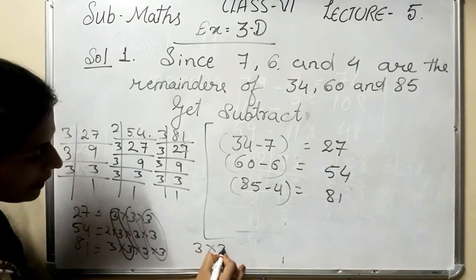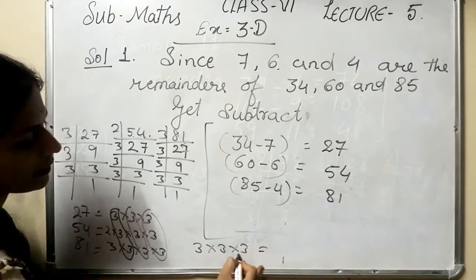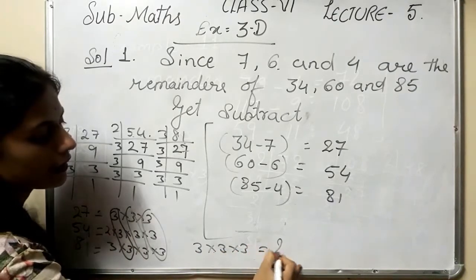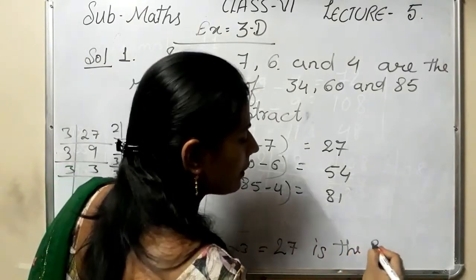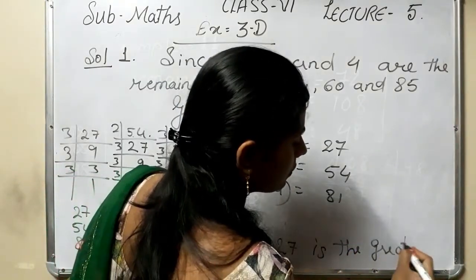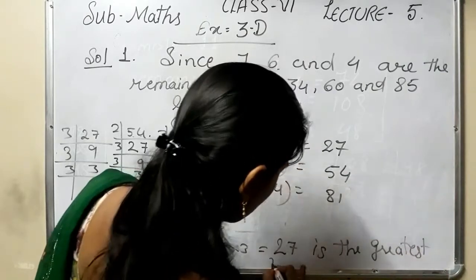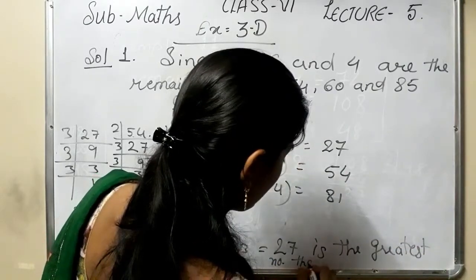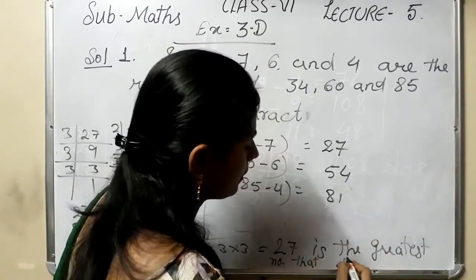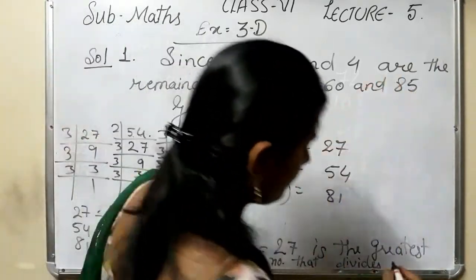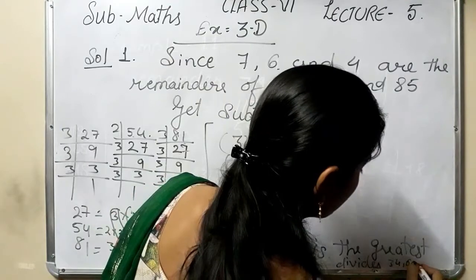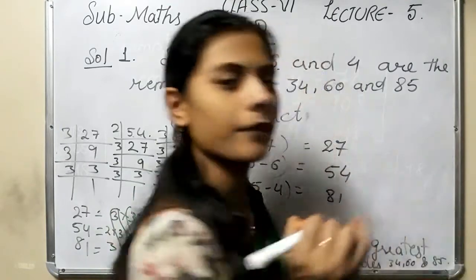So 3 multiply by 3 multiply by 3. 3 3s are 9, 9 3s are 27 is the greatest number that divides 34, 60 and 85. Okay.